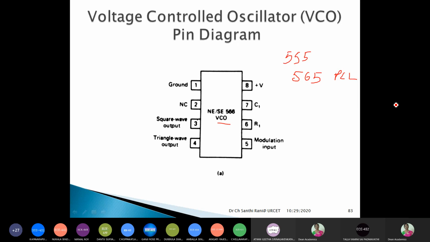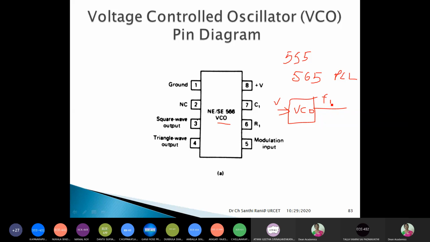This VCO gives oscillations of the required frequency, with output frequency proportional to the input voltage.